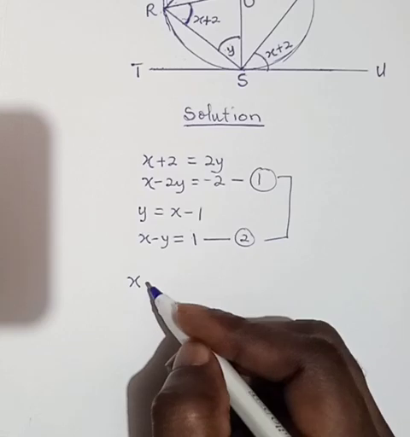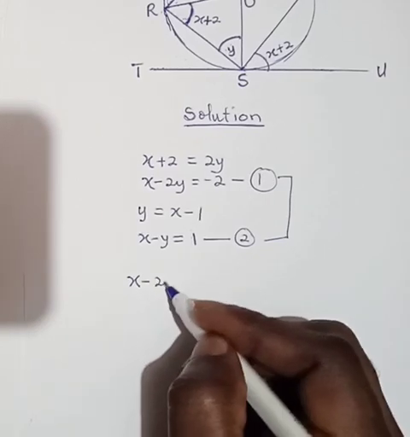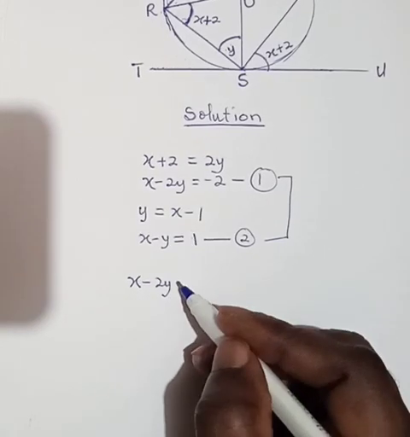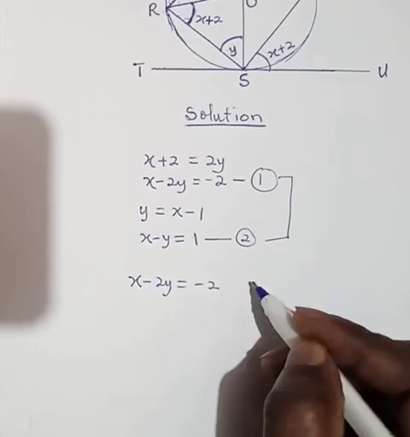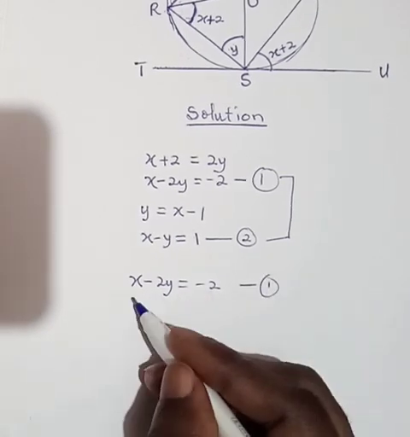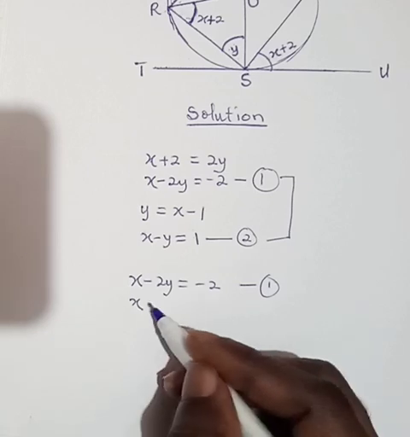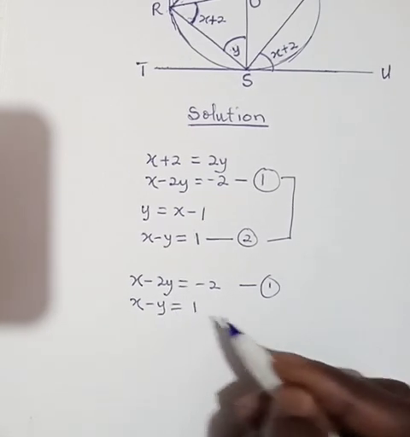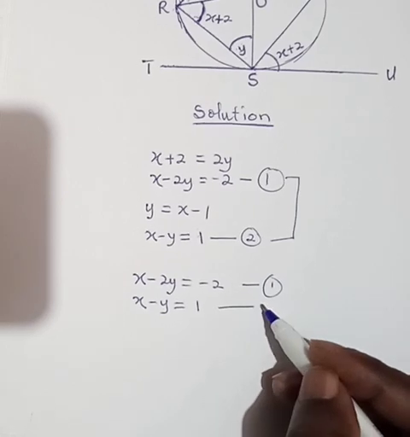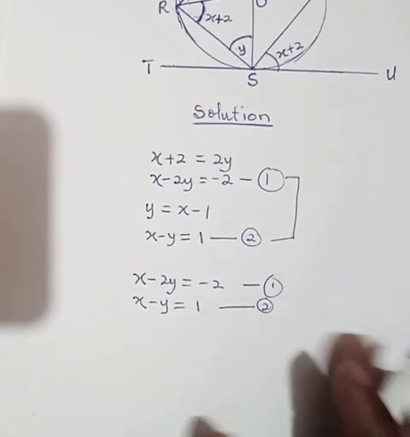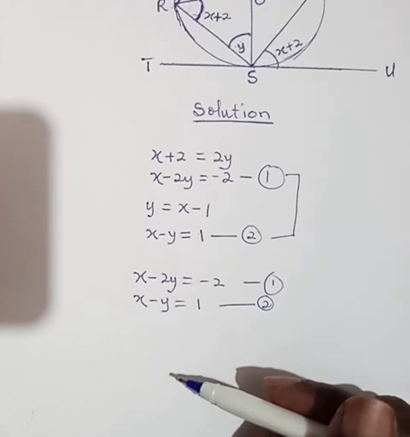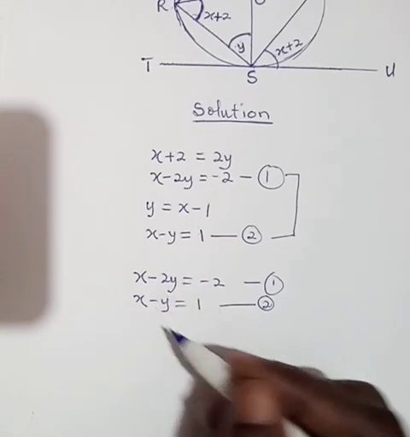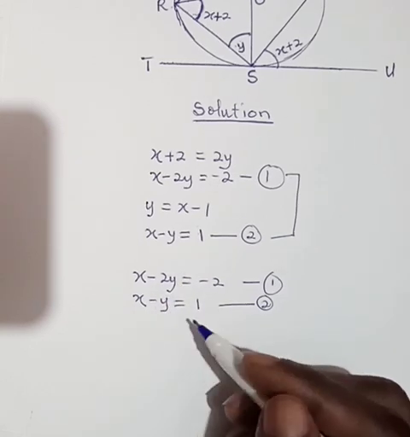x minus 2y, which is equal to negative 2. That is equation 1. And we also have x minus y, which is equal to 1. We have it as equation 2. So these are the two equations we are going to solve simultaneously to find the values of x and y.